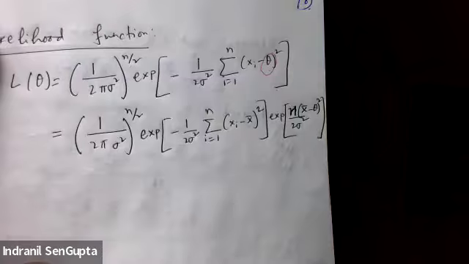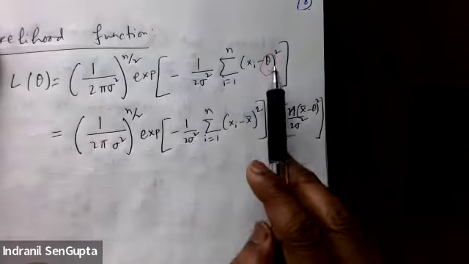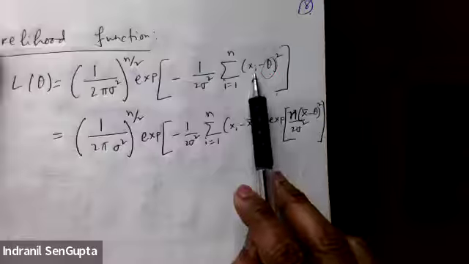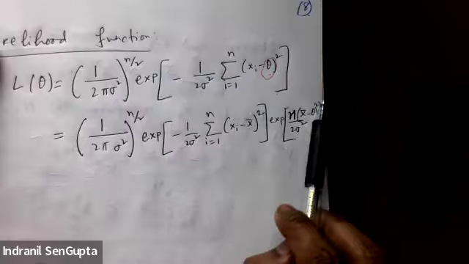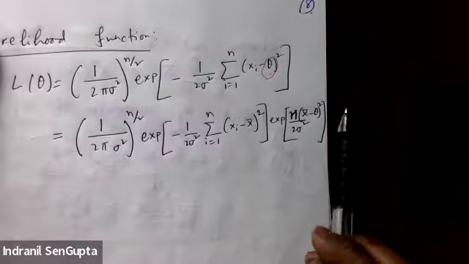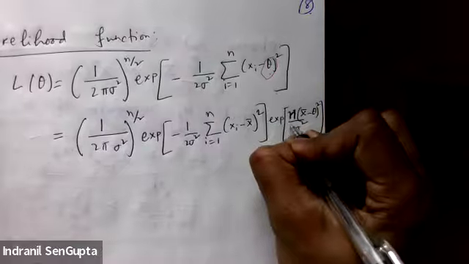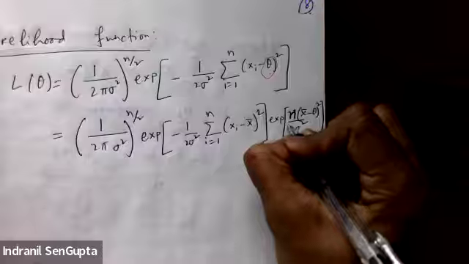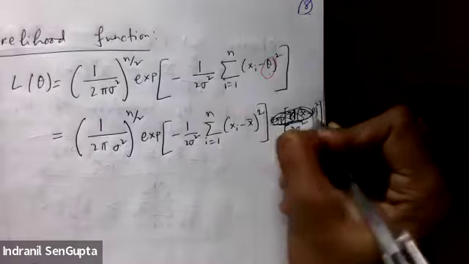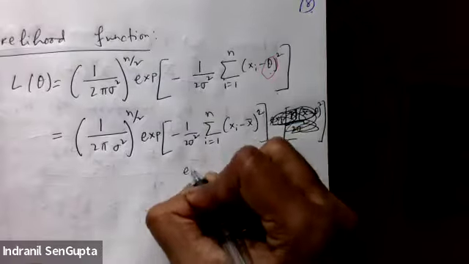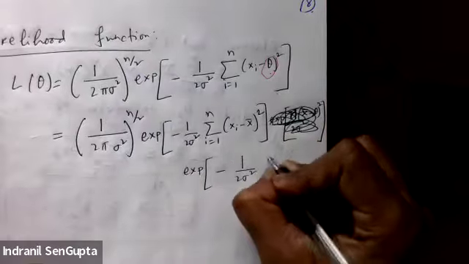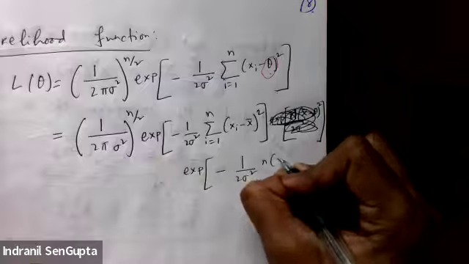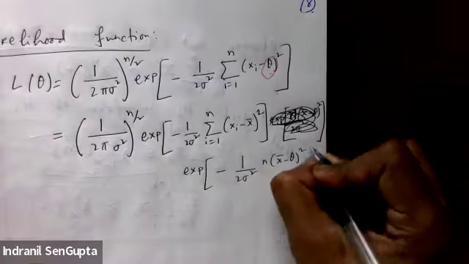Okay. So all we did is, here it was theta squared, and we make it x bar squared, and this is the compensator. By the way, here is a negative sign. So it's basically exp of minus 1 over 2 sigma squared n times (x bar minus theta) squared.